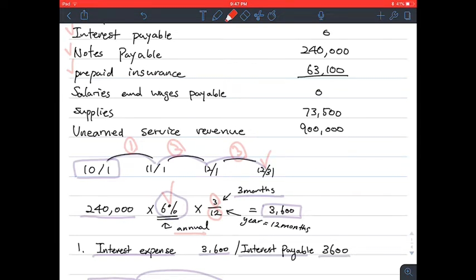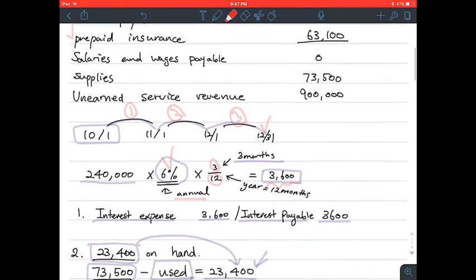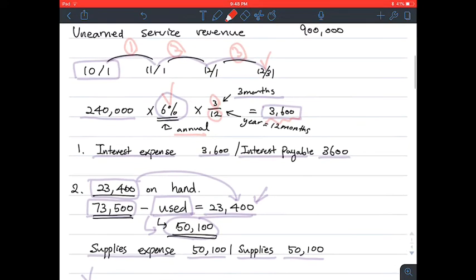Because a year has 12 months. So that will give us 3,600, and you debit interest expense, and it doesn't mention whether it has been paid in cash or not. We just assume it will be paid later. So interest payable 3,600. Okay, let's move on to the second one.